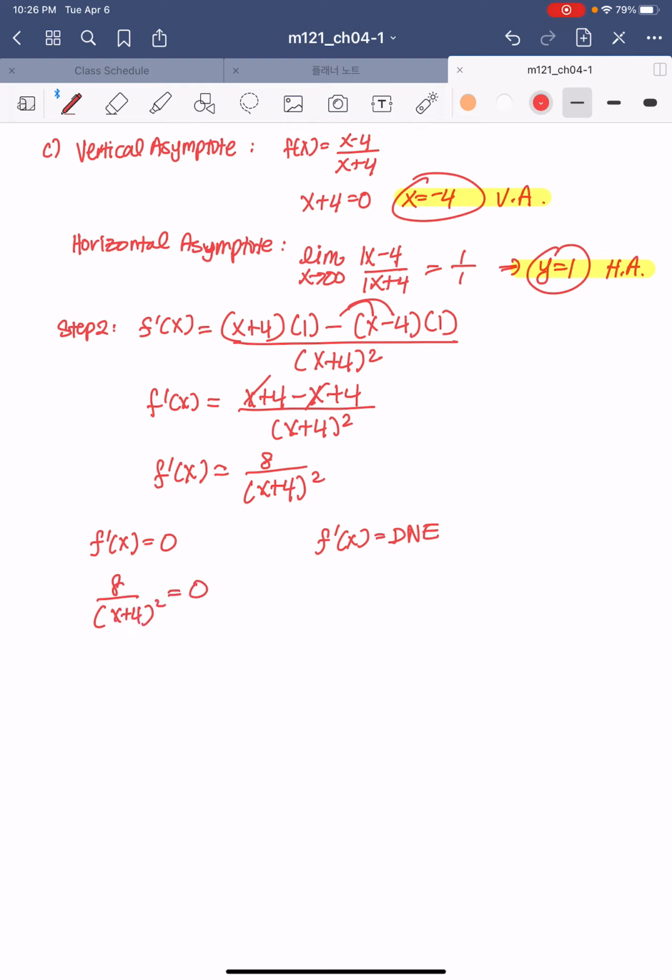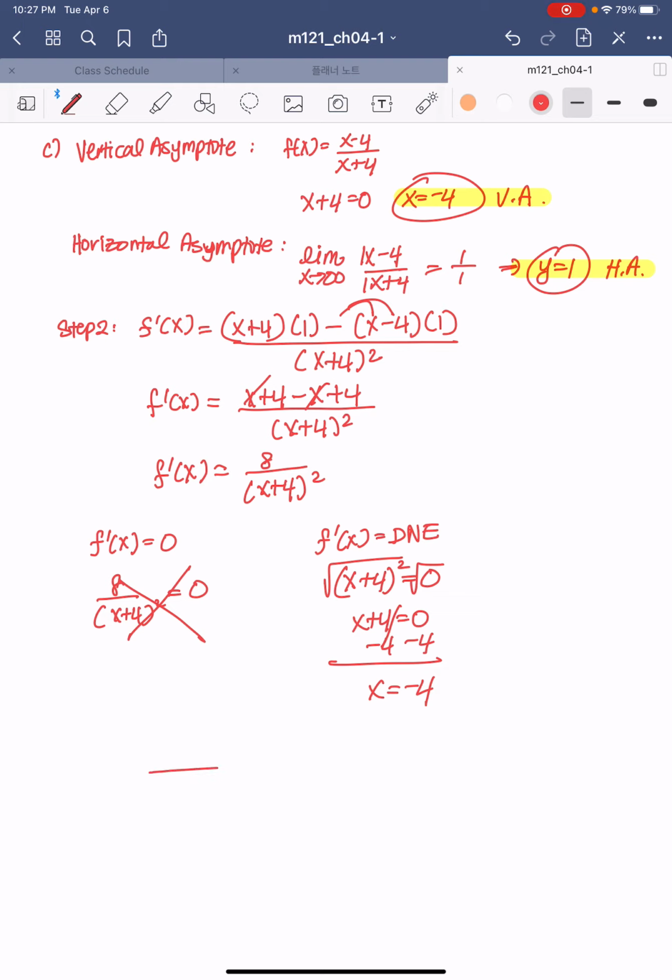So I'm not going to have any critical value coming from the first situation. Second situation, the fraction is not defined on the bottom. So you have (x plus 4) squared equal to 0. I have to take the square root to get rid of the square. So that will be x plus 4 equals 0. Subtract 4, x equals negative 4 will be the number that we will use to partition the number line.